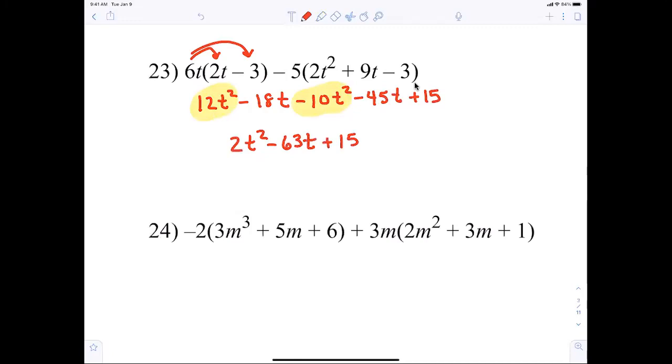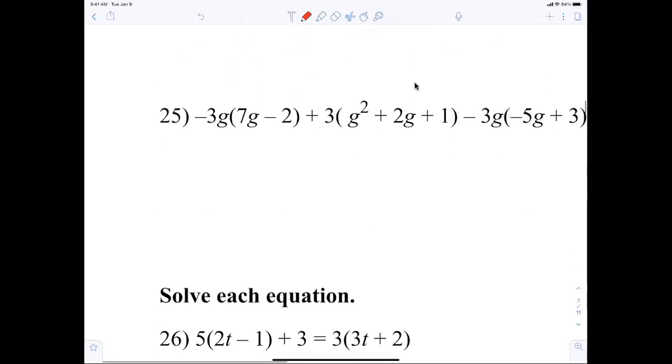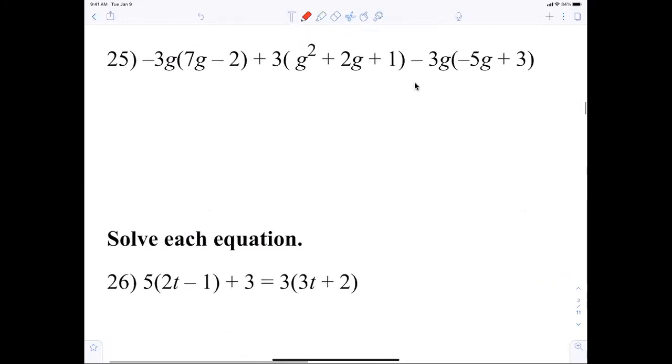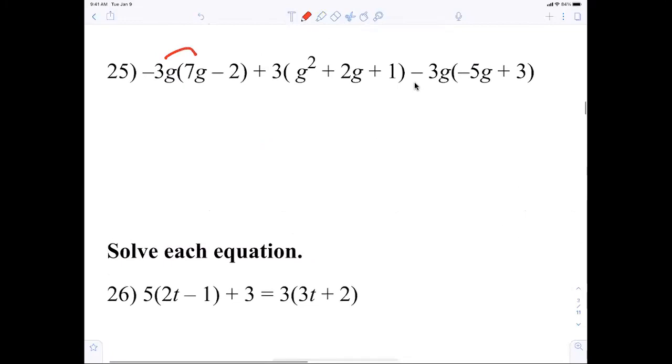Anybody? No questions? All right, let's have some more fun. 25, again distributing, all this distributing, and then we just combine terms.